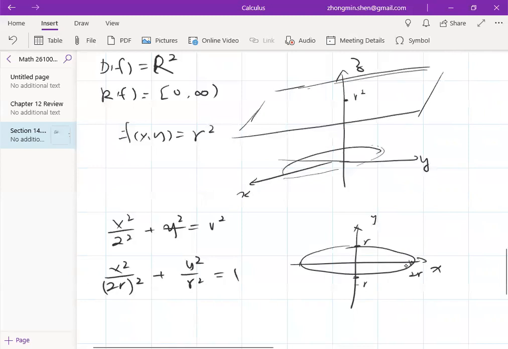Along this ellipse the z value is the same.